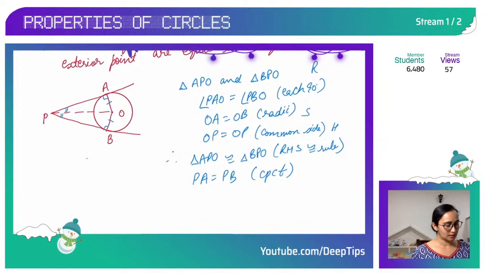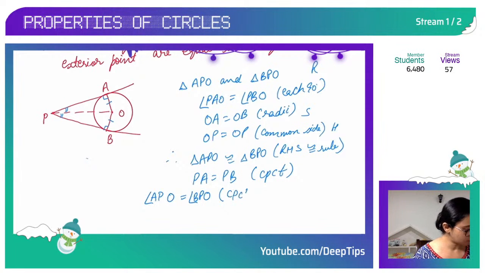So that means these tangents are equally inclined to the line joining the point to the center of the circle. That's why angle APO is equal to angle BPO. So both are equal, APO and BPO. This is also because of CPCT.